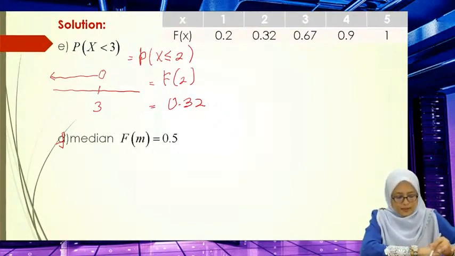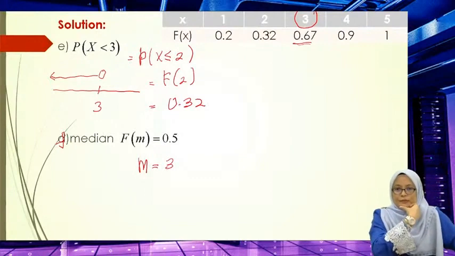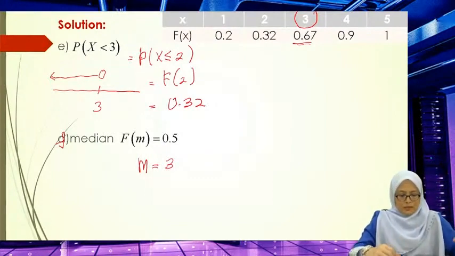So 0.5 jatuh dekat 3 ni, sebab sini dah 0.67. So confirm 0.5 dalam value ni lah. So means that you punya median M is 3. Okay, so itu kita nak cari nilai daripada F besar kepada nilai F kecil dia. Maksudnya kita akan guna create formula tu lah.